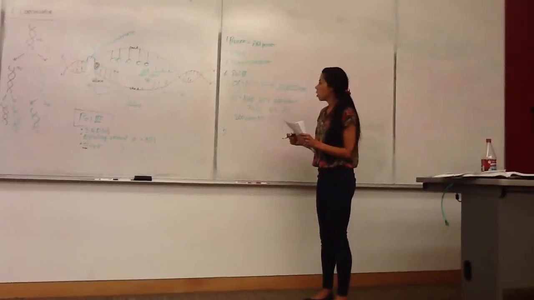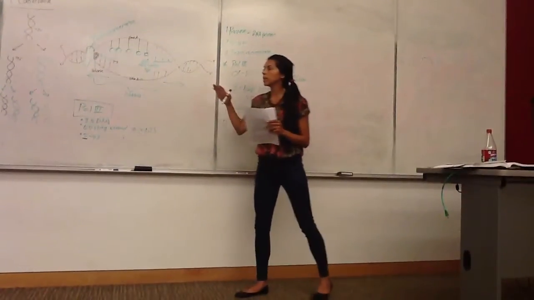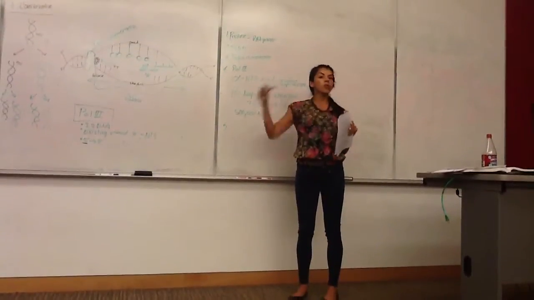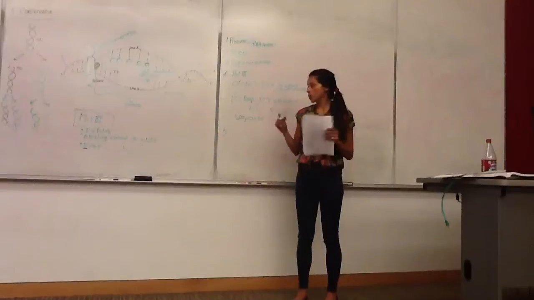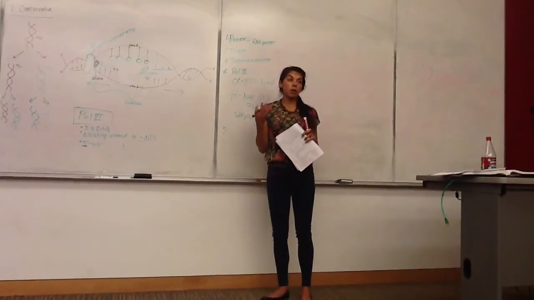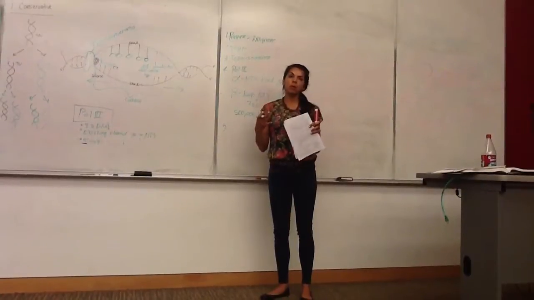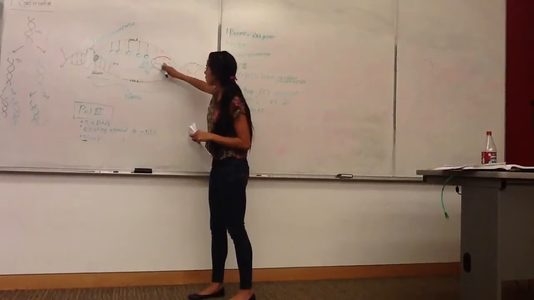Okay, so as elongation occurs, let's say we have finished putting all the nucleotides on the strand, and you have to remember one thing, that part of the daughter strand has to be identical to the parent strand. So there's one thing here that we need to get rid of.